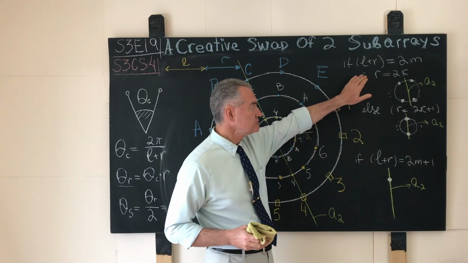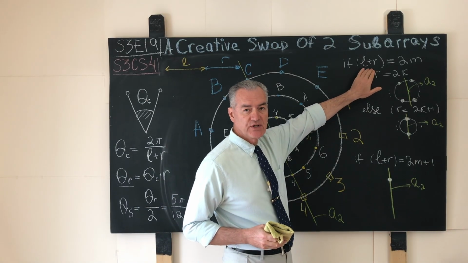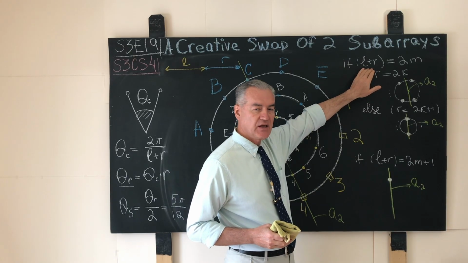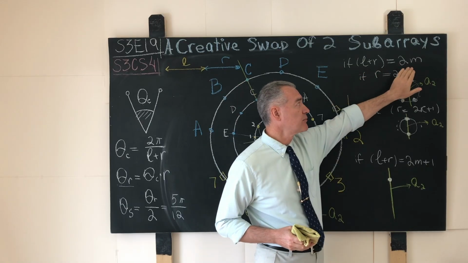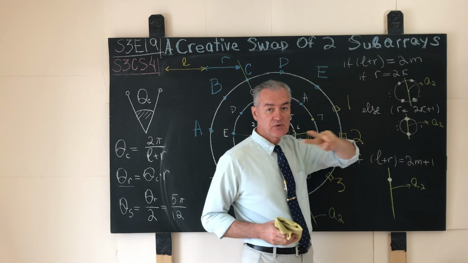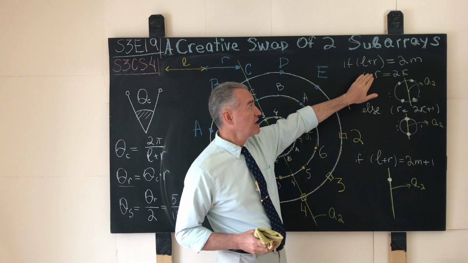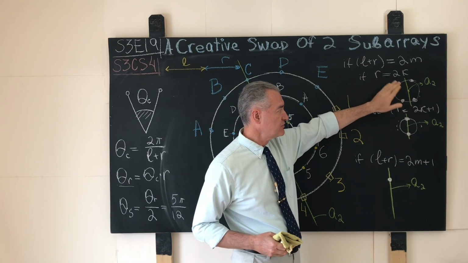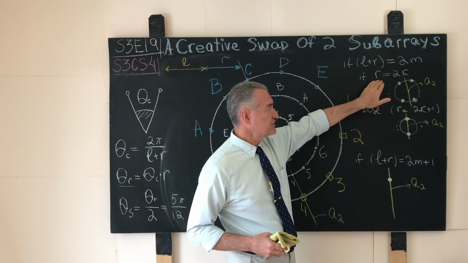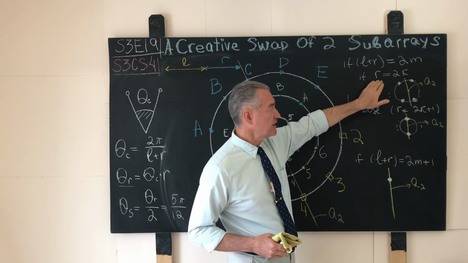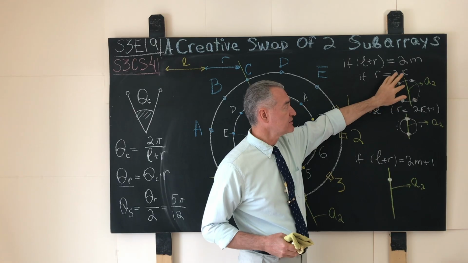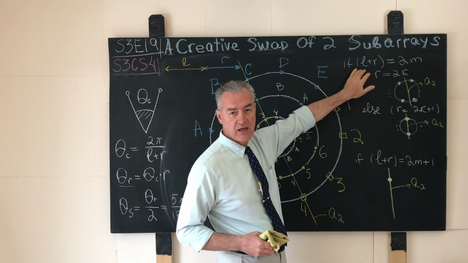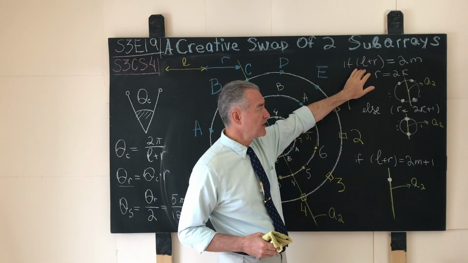If the total size of the input array, or the sum of the sizes of the left and the right sub-arrays, is a number that is even, then we will have to distinguish two cases: when the size of the right sub-array is even, and when it's odd. When the size of the right sub-array is even, since the total is even, the size of the left sub-array must also be even.